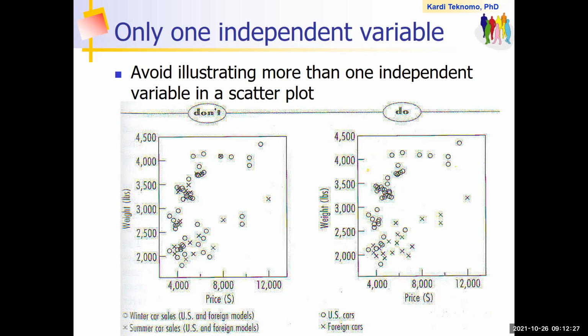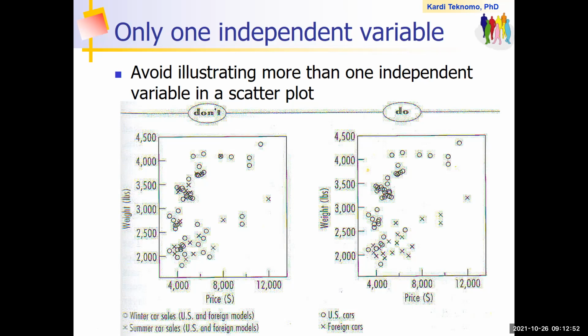Now, try to avoid illustrating more than one independent variable in a scatter plot. Look at the left chart here. You have winter and summer sales. So this is kind of confusing, right?